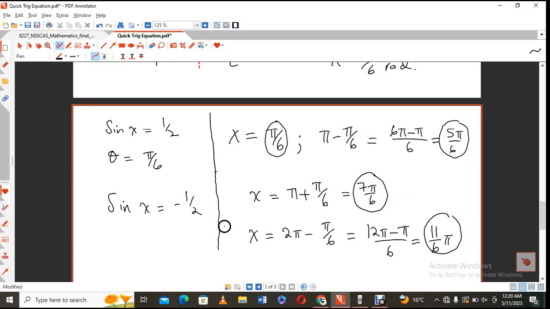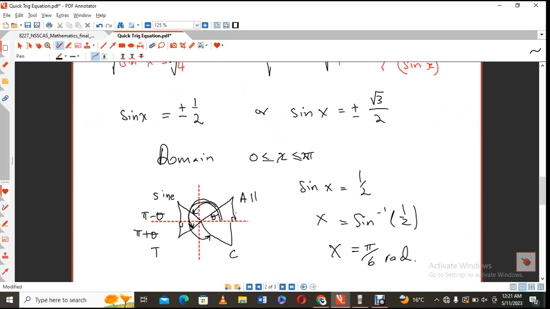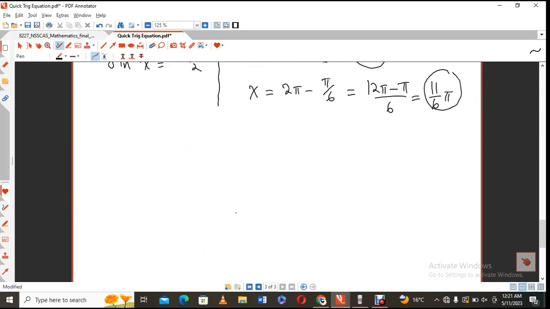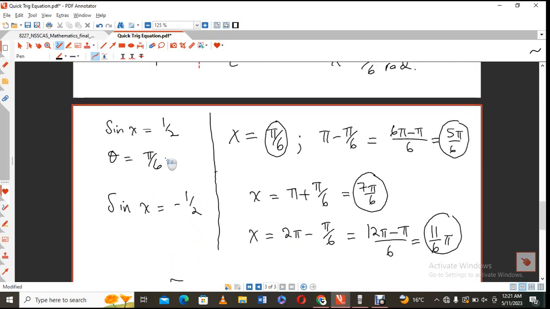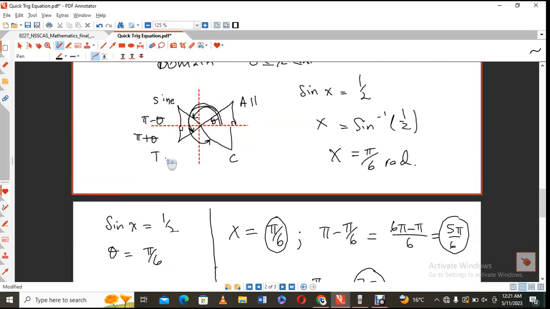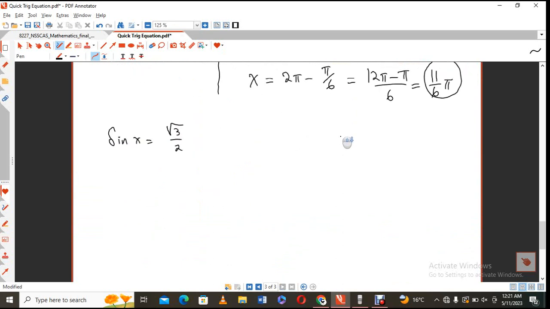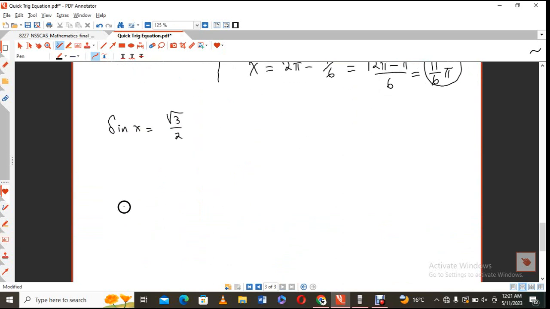We are going to do the same for sine x equals square root of 3 over 2. As you can see, you have two solutions here as well, both positive and negative. We're going to use the same type of scenario, where first I look at the basic acute angle that I'm going to receive.